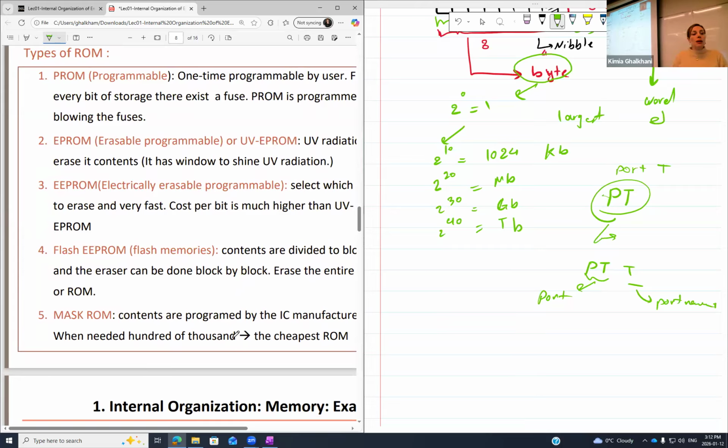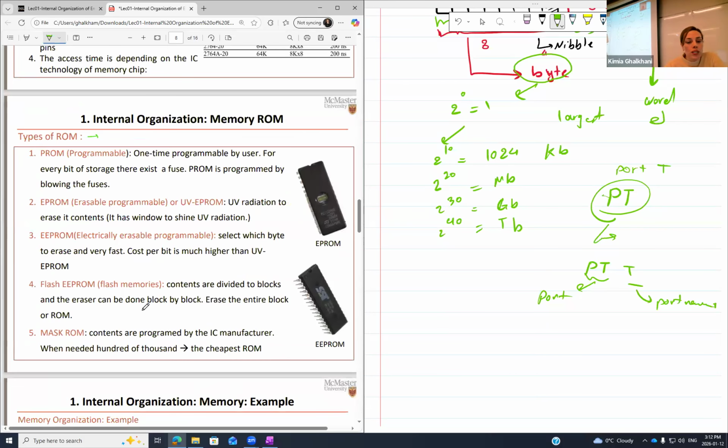But about the ROM, remember ROM stands for read-only memory. We have a couple of different read-only memories. Some of them, I've included the pictures here for you. One type is PROM. P stands for programmable ROM. Programmable read-only memory means one-time programmable by the user.